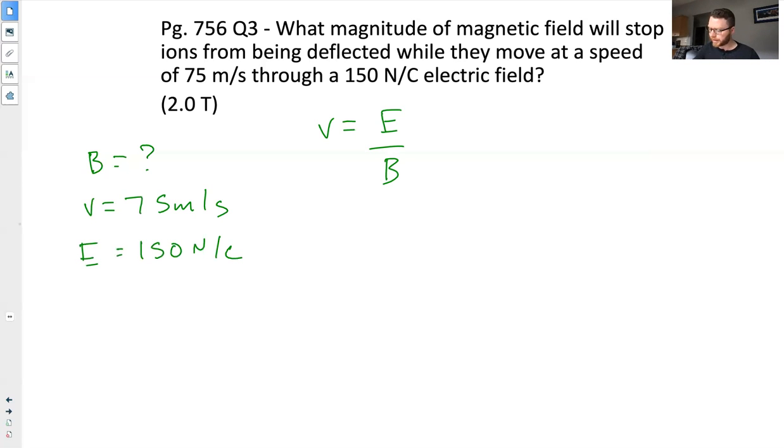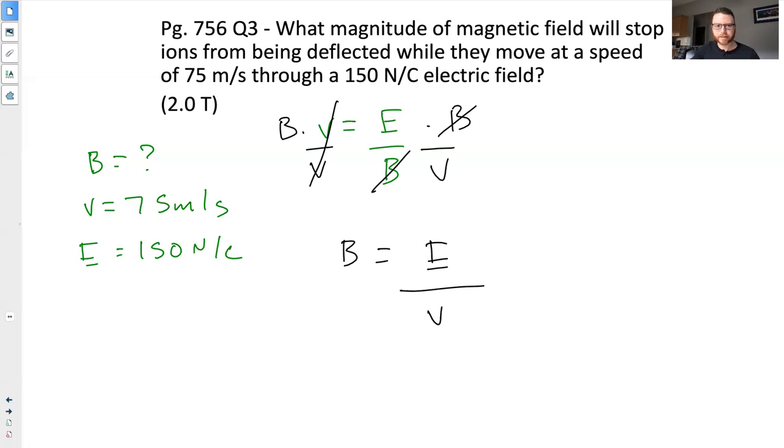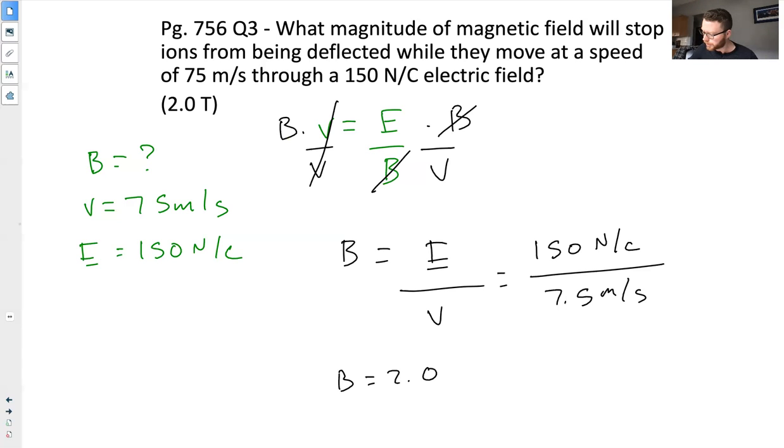So let's write our formula in terms of B. We're left with magnetic field strength equal to electric field strength divided by the velocity. Electric field strength is 150 newtons per coulomb divided by 75 meters per second, which will give us a magnetic field strength of 2.0 Teslas.